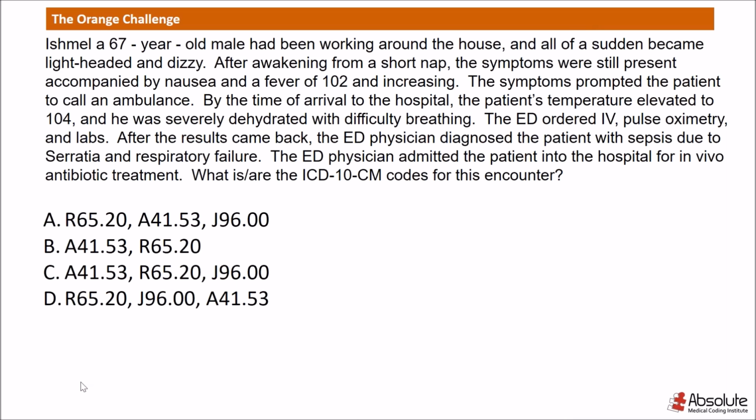Let's break this scenario down. The answer here is C. I'm going to go over my keywords first before explaining everything. I got 67-year-old, lightheaded, dizzy, temperature elevated, dehydrated, difficulty breathing, diagnosed with sepsis due to Serratia and a respiratory failure.